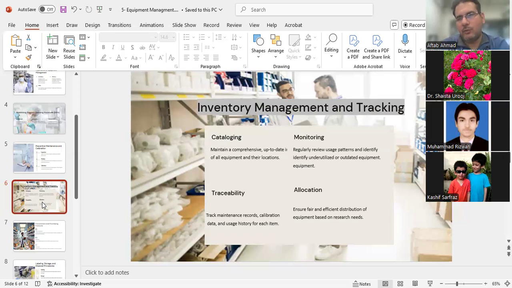So we minimize the change in the airflow pattern of our biosafety cabinet. So this is management and tracking: we should have proper catalogs of our equipment, monitoring of them, traceability, and an understanding about the allocation of all that equipment.